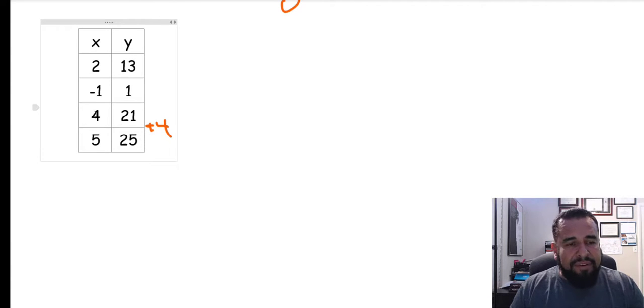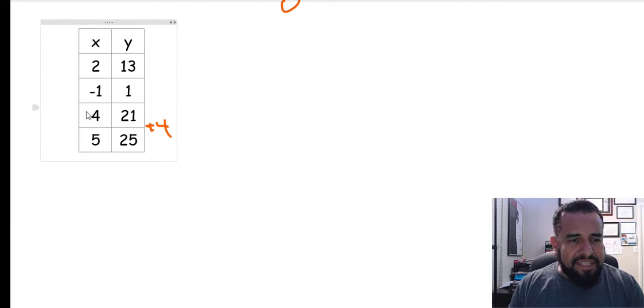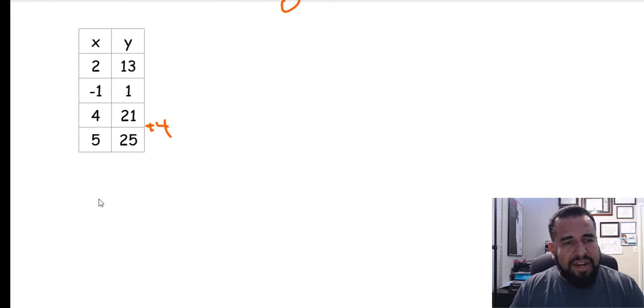Since I don't have a 3, I'm going to go back 1, right? Because this is a 4. If these were in order, then the 3 would be next. So to go back here, I'm going to subtract 4. So 21 minus 4 is going to be, what, 17? All right, so let's write it in. I'm going to write them in here because I don't have the space.